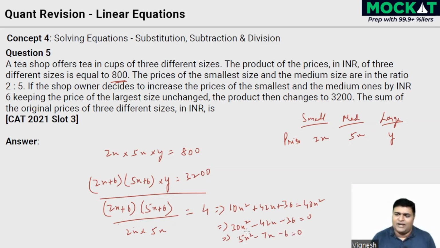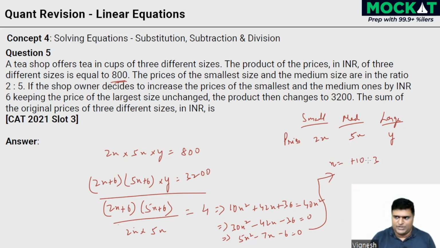Now 5 into minus 6, product is minus 30. The sum over here is minus 7. 10 into 3 is 30, the difference being 7, right? So therefore, if I have to directly find the x values over here, I have to first write 10 over here, sorry, minus 10 it is, minus 10 and a plus 3 is what is going to add up to minus 7.